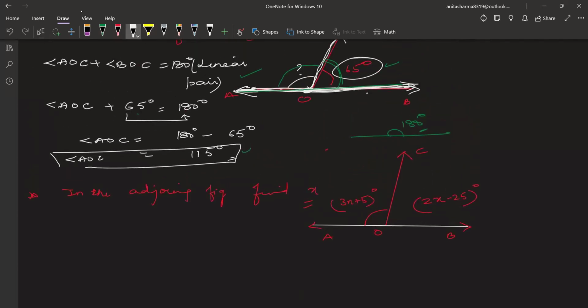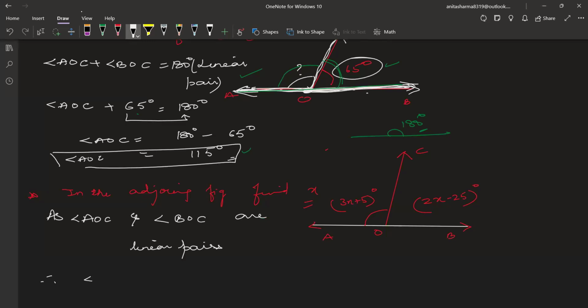Ma'am, in this case the equation is 3x plus 5 plus 2x minus 25 is equal to 180. Yes, because angle AOC and angle BOC are again a linear pair, right, beta? So you will write: angle AOC and angle BOC are linear pairs.